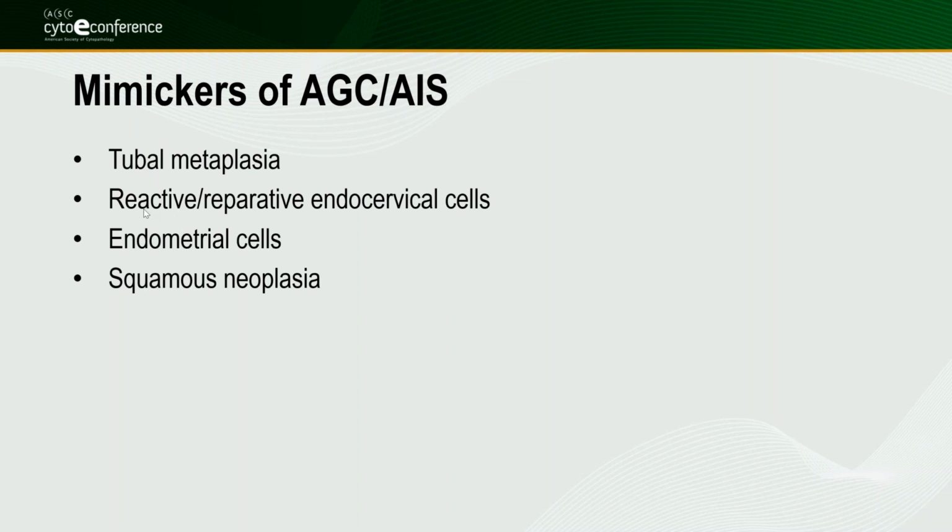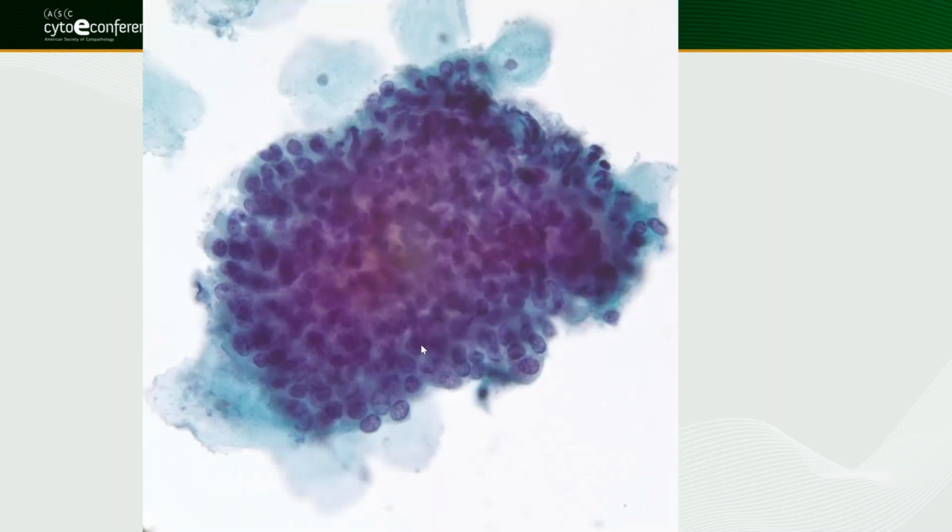And so the mimickers of atypical endocervical cells, or AIS, we briefly talked about tubal metaplasia. Again, the most important one is reactive reparative endocervical cells. Sometimes endometrial cells will become part of the differential, and squamous metaplasia. So again, this is a very crowded group, and the cells actually look more round. And if you look, there is this terminal bar and the cilia at the periphery.